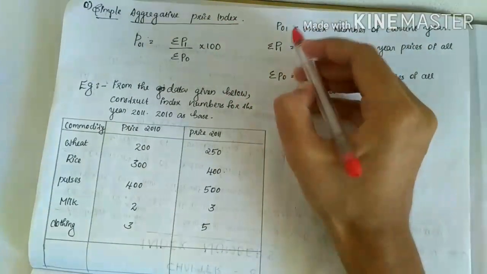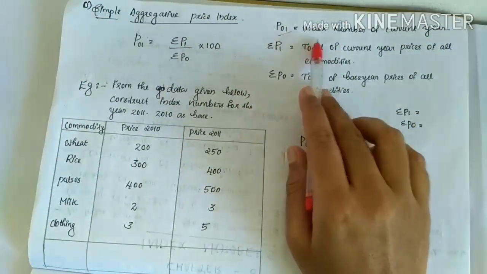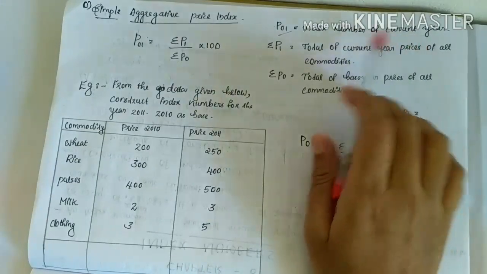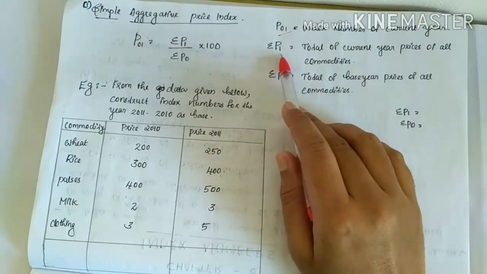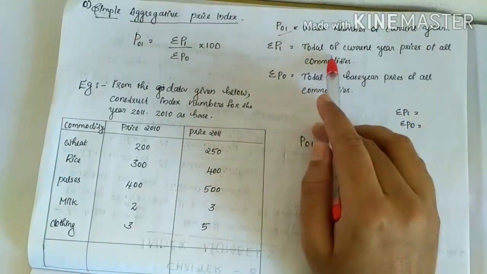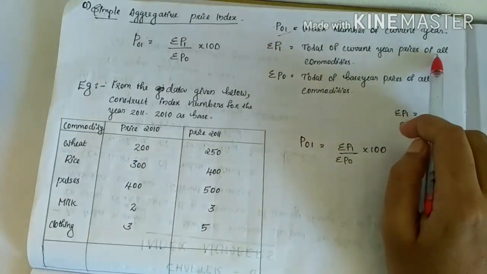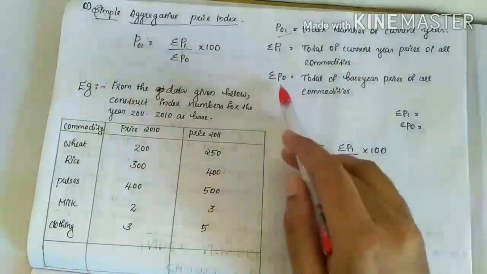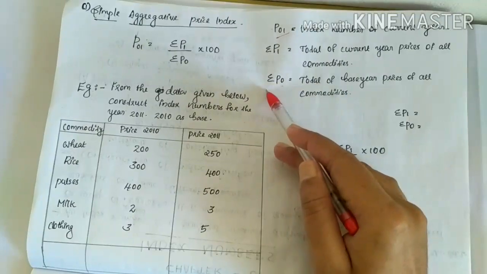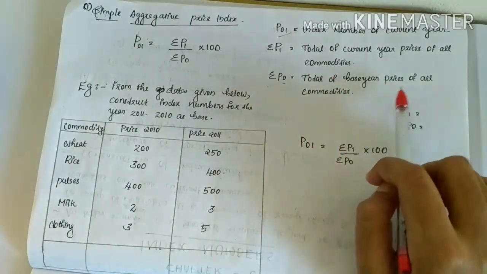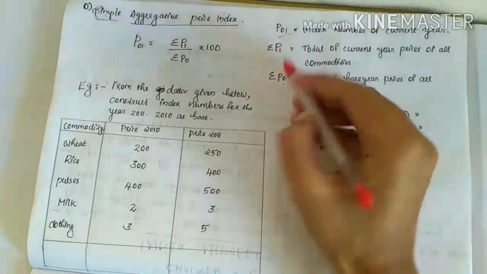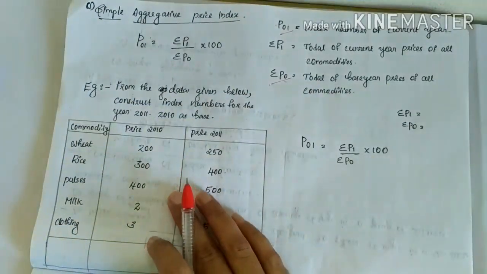Here P01 means the index number of the current year, sigma P1 is equal to the total of current year prices of all commodities, and sigma P0 is equal to the total of base year prices of all commodities. So let's work out a problem.